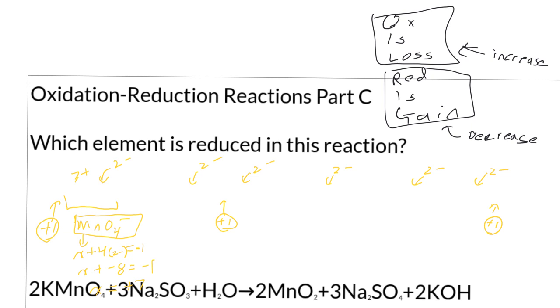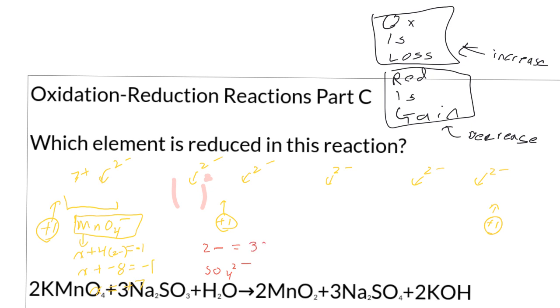Over here, I have sulfite. And sulfite, as a polyatomic ion, has a charge of 2 negative, right? So the 2 negative charge on that ion has to be equal to the sum of the oxidation numbers.